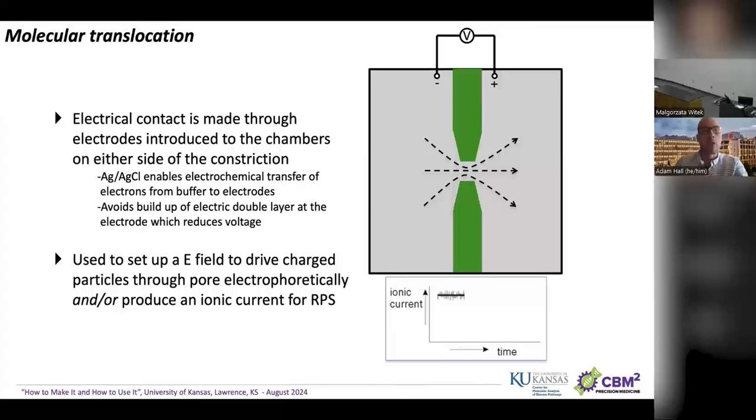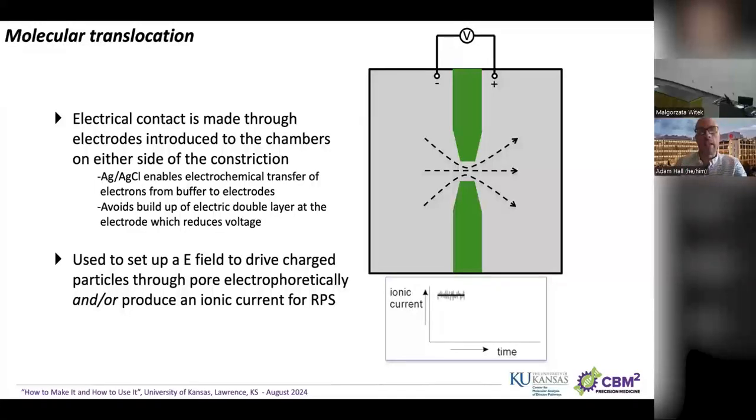And now that silver chloride acts as a transfer of charge into and out of the solution, giving you a very low resistance attachment to the buffer that you're using. It avoids, as I say here, the buildup of electric double layer, which, when it does happen, reduces the amount of voltage you can apply and works against you. So by getting around that, you can make this a contiguous circuit with whatever electronics you're using to do the measurement.